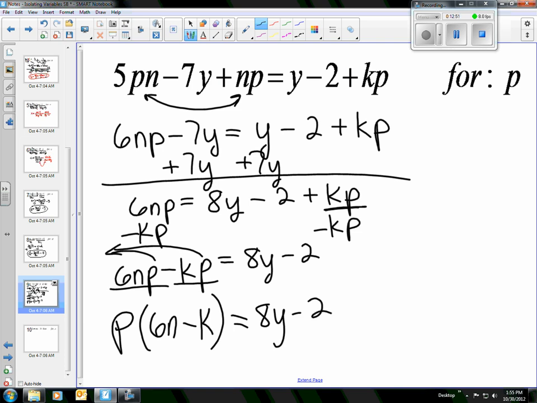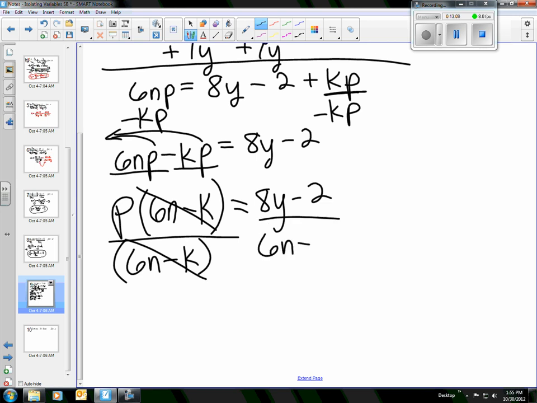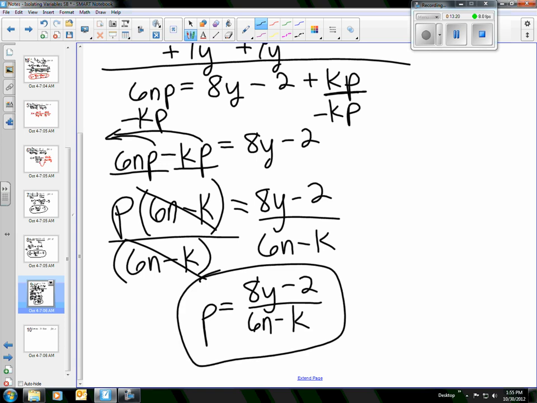So now we can say that since p is being multiplied by the quantity 6n minus k, now we can divide by that quantity 6n minus k. Those cross divide to 1, and then divide this side by 6n minus k. So therefore, p equals 8y minus 2 divided by 6n minus k. That would be our final answer.